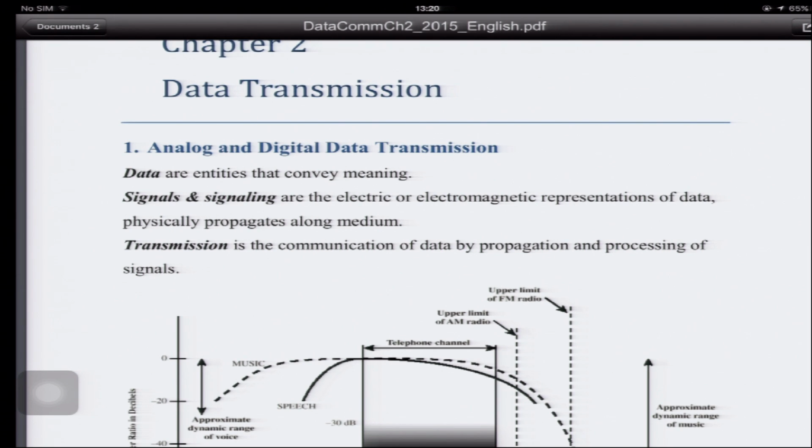If you want to send it through twisted pair, coaxial cable, or fiber optics, it has to have different properties so that it can physically go along the medium. And what is transmission? Transmission is the communication of data by propagation and processing of signals.